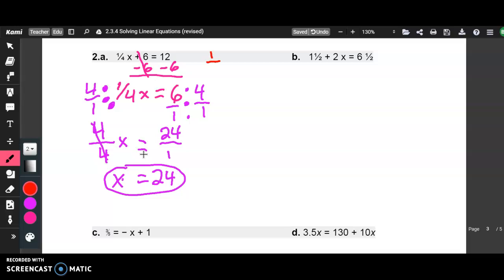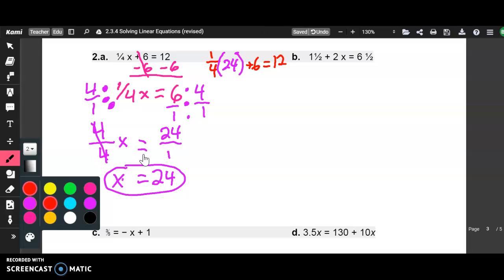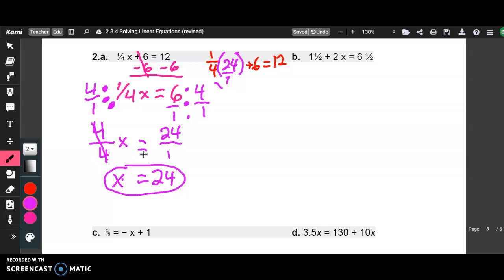I'd have 1 over 4 times 24 plus 6 equals 12. 1 over 4 times 24. Again, I would make that into a fraction, so I'd have 24 times 1, which is 24, over 4 times 1, which is 4.